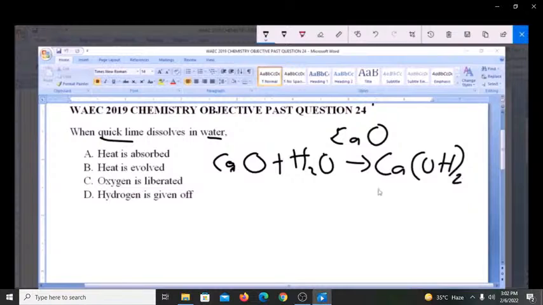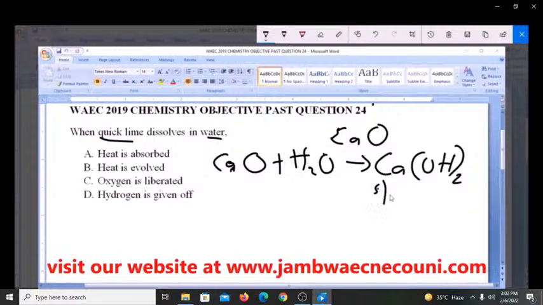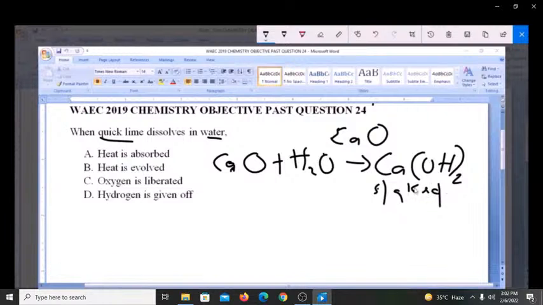And calcium hydroxide is also known as slaked lime. Now this reaction between calcium oxide and water, or quicklime and water, is exothermic.